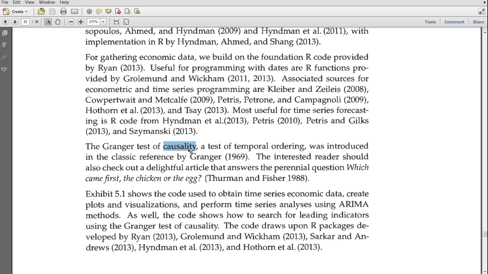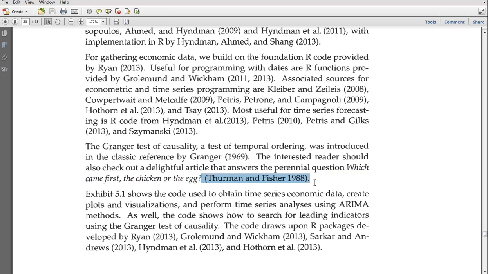One thing predicts another, and one thing causes another is a little different. And anyway, you can read about this on the internet. Find out about the Granger test of causality. The interested reader should also check out a delightful article that answers the perennial question, which came first, the chicken or the egg? And that's this one.